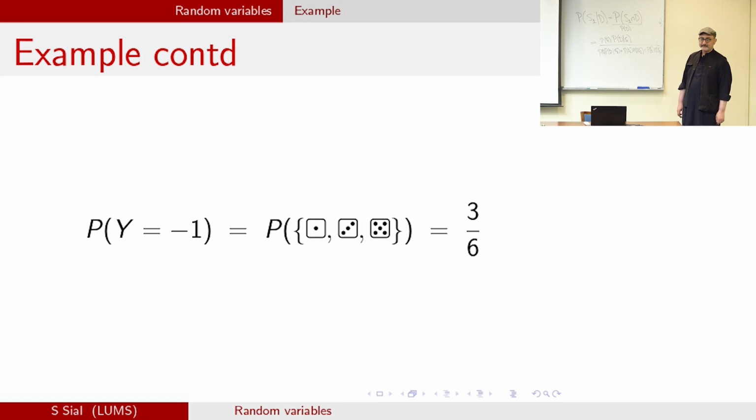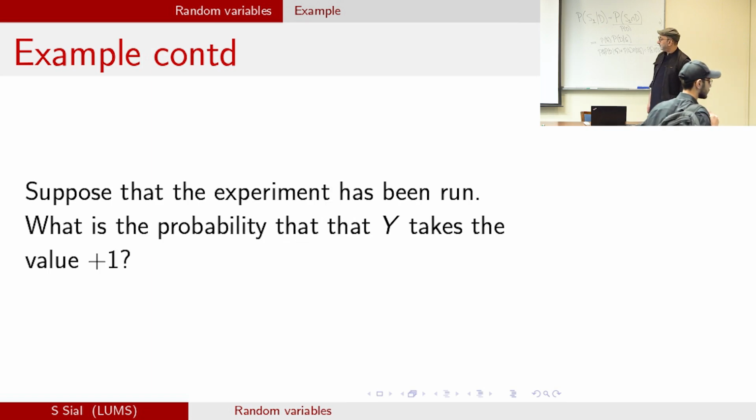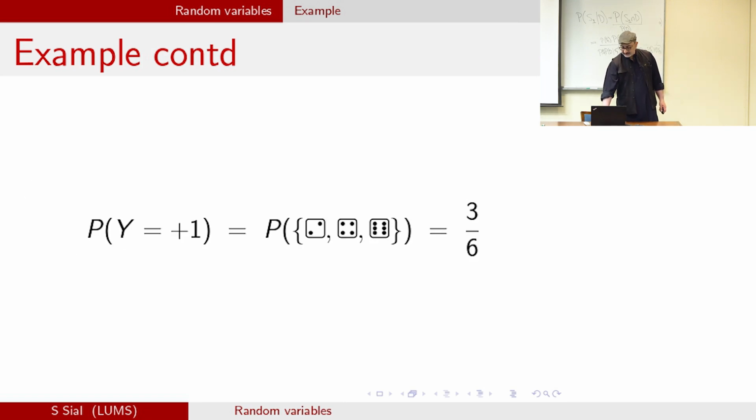Is that okay? All right. What's the probability that Y takes the value +1? Again, 1/2. It takes the value +1 if and only if this event occurred. The probability of that event is 3 outcomes out of 6 equally likely outcomes.